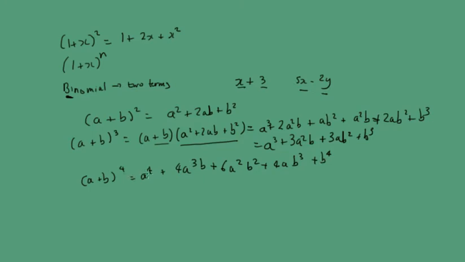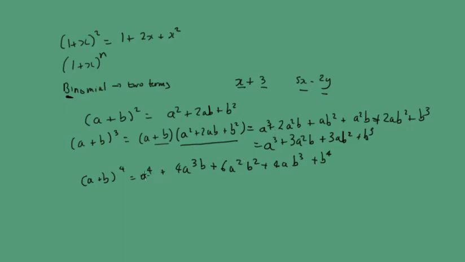So the powers on the terms, for the a term they go down by a power of 1, and for the b term they climb by a power of 1. That's the same for all of these.